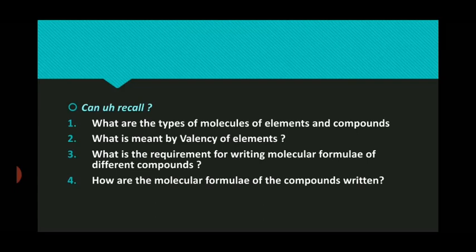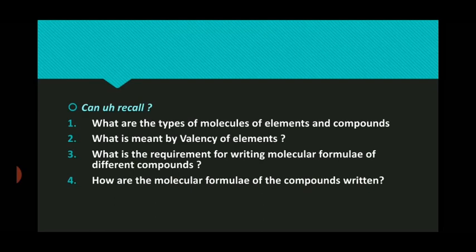Now come to the third question. What is the requirement for writing the molecular formula of different compounds? Here we need the symbols of different radicals, and second, we need their valency. Now question number 4.